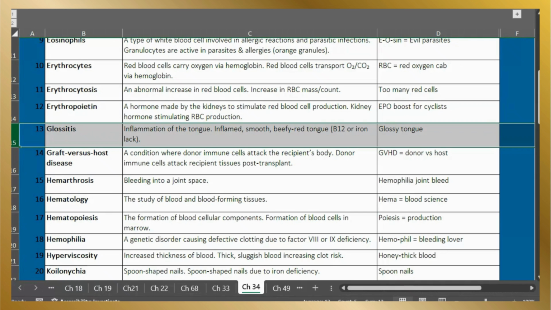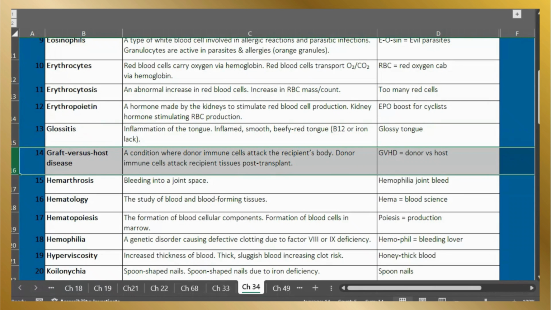So I'm focusing, and then comes a flashback of this type of anemia, and you don't confuse it with other anemias. It can be seen in B12 or iron deficiency, but mostly in B12. Tongue appears smooth and very red.